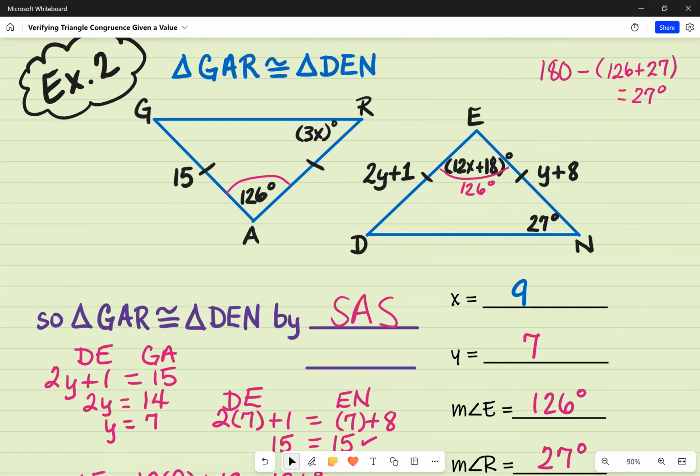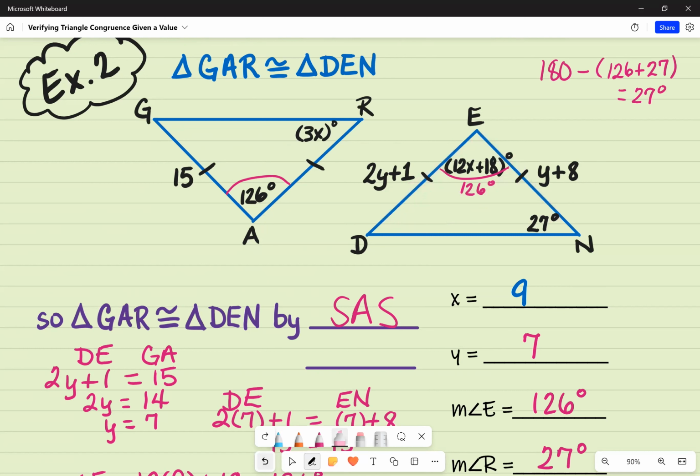The other thing that I could recognize is that I actually have what's known as an isosceles triangle. And an isosceles triangle has 2 congruent sides. And the isosceles triangle theorem says if 2 sides are congruent, then the angles that are opposite of them are also congruent. So I usually just draw like an X. So that means that both angle D and angle N in this particular triangle are going to be congruent as well.